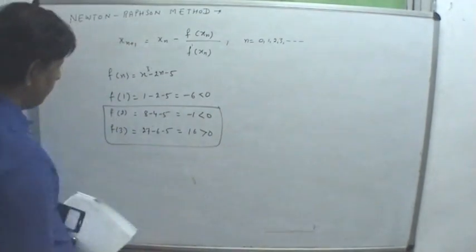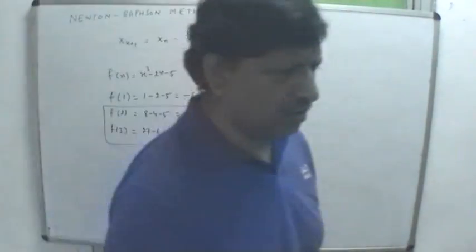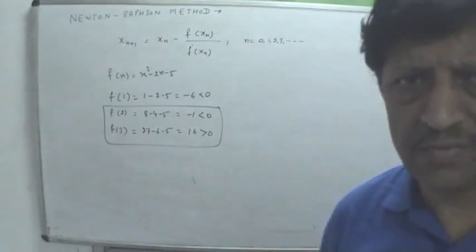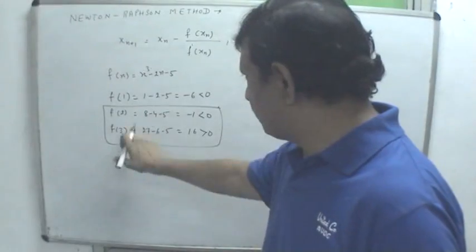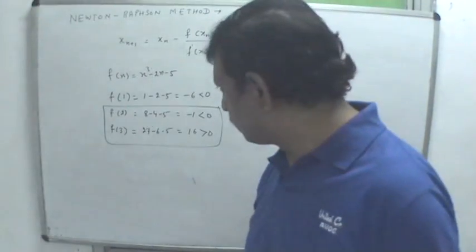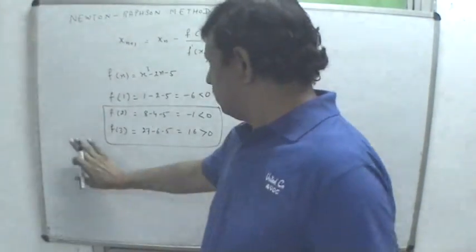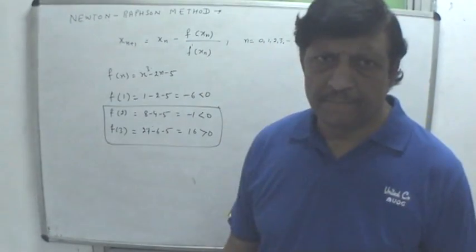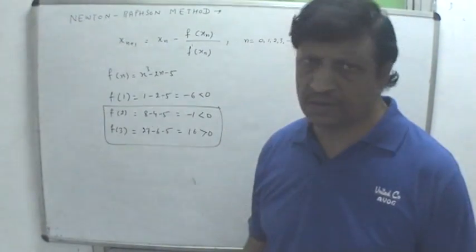Here we stop when the value of the function changes from negative to positive, as we change the value of the variable x from 2 to 3. It means the root lies somewhere between 2 and 3.